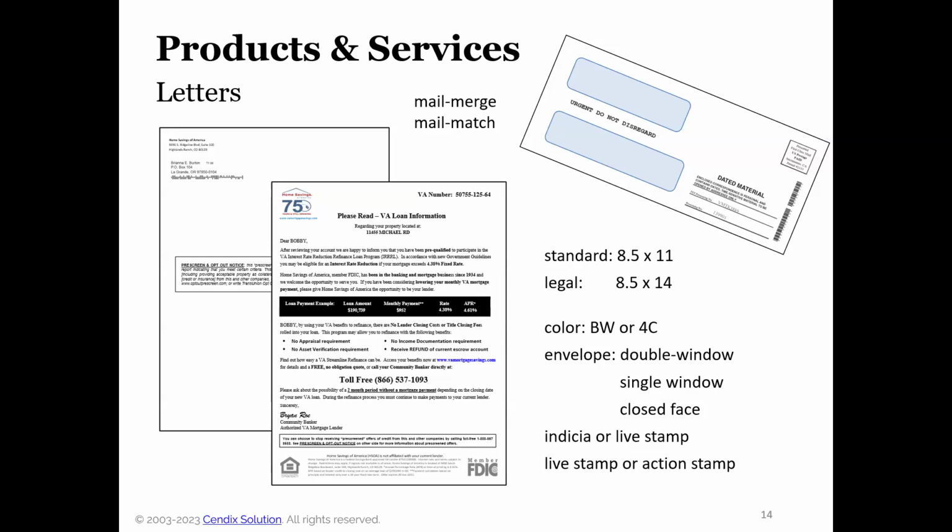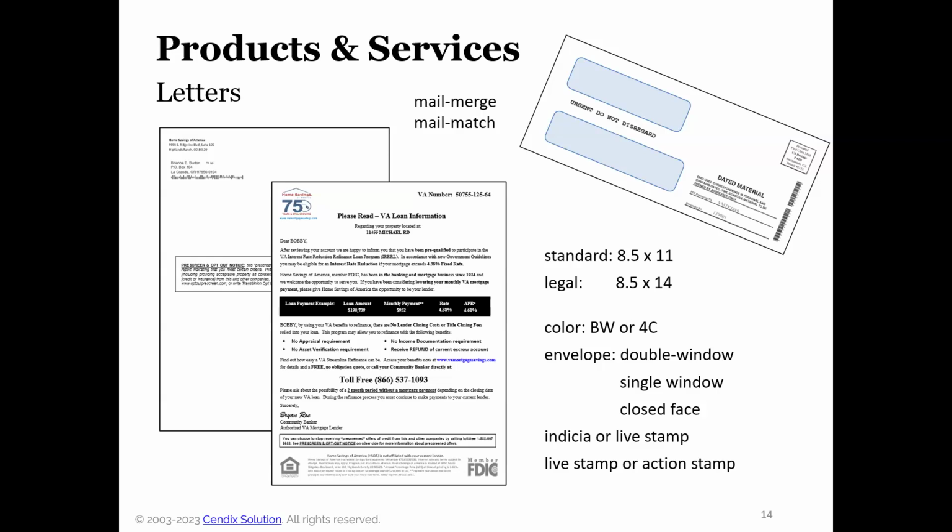The one other thing to touch on is this question of a mail merge versus a mail match. In technical terms, a mail merge is when we have variable information on the document. You can see in the body of this letter, it says loan amount, monthly payment, rate, and APR. These numbers are calculated for each recipient.